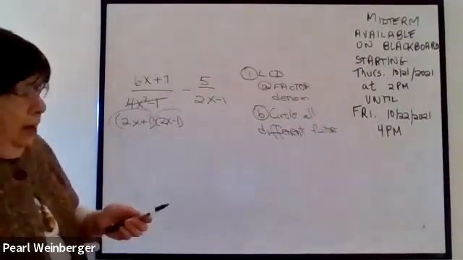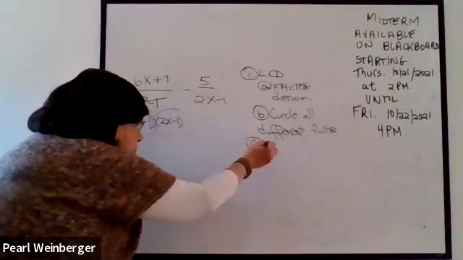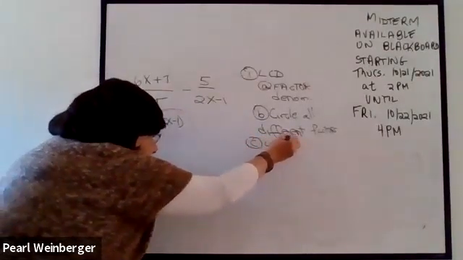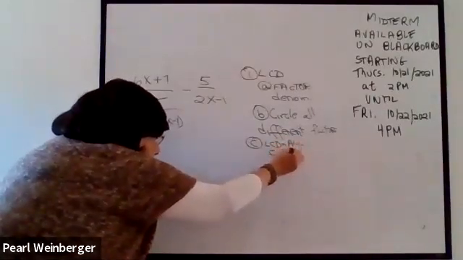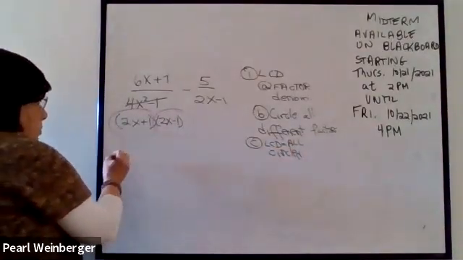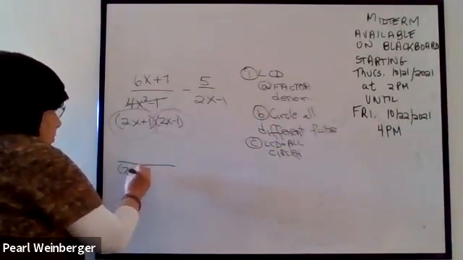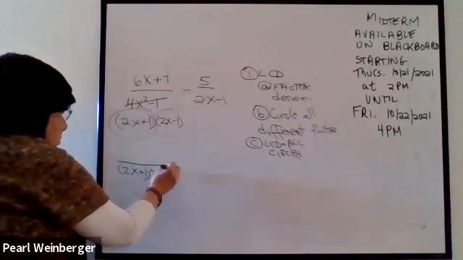So what is my LCD? My LCD is all the circled factors. In other words, what have I circled? I circled 2x plus 1 and 2x minus 1.